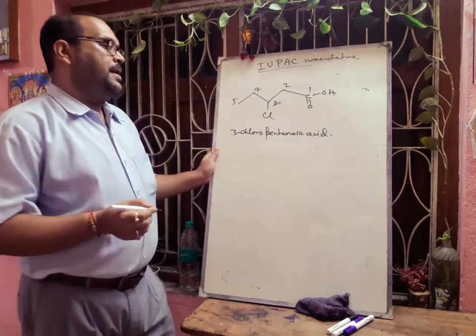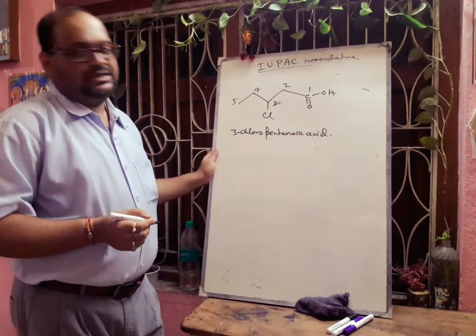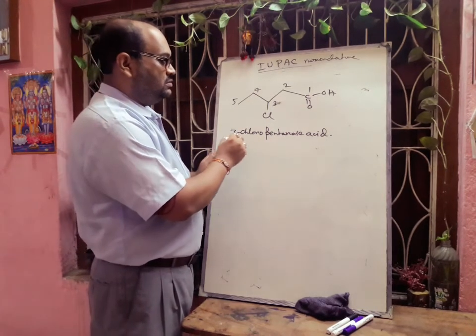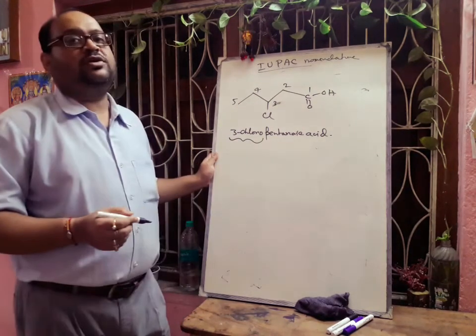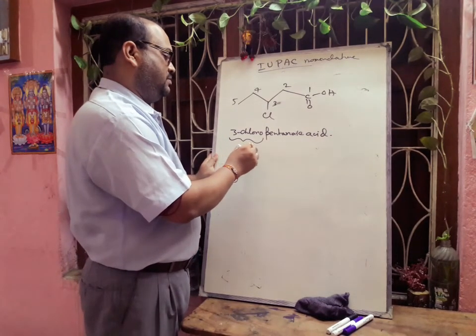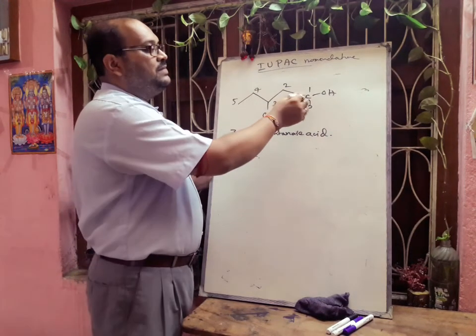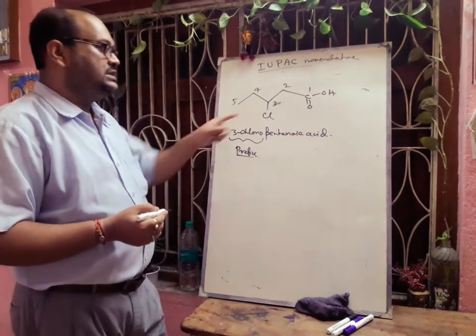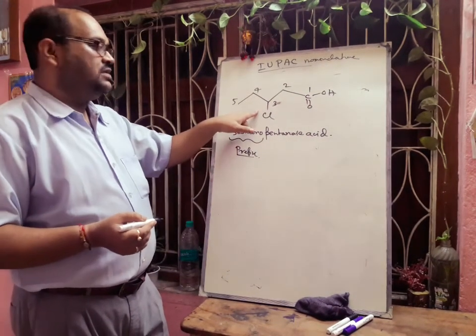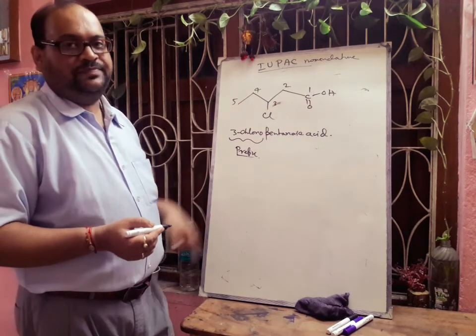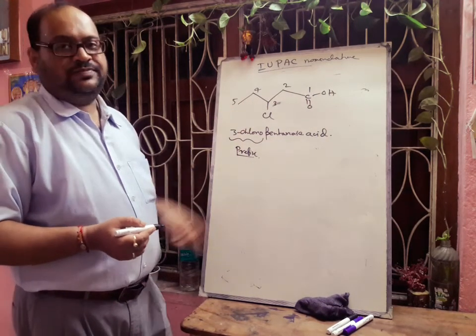Now each thing here you have to understand. What is the 3-chloro? 3-chloro is the prefix. Here we have given this one because this is the principal functional group, and this is the secondary functional group. Here we are regarding this as a substituent.